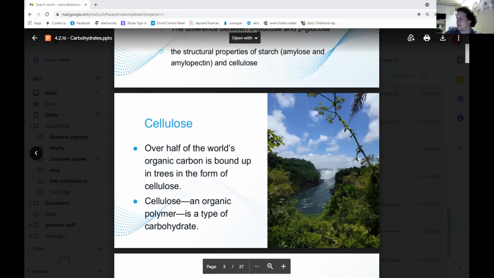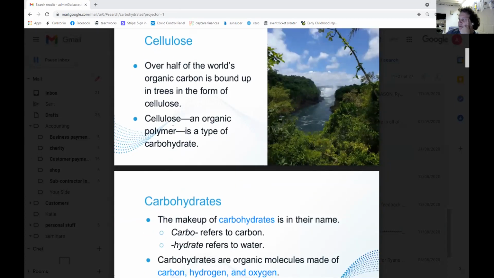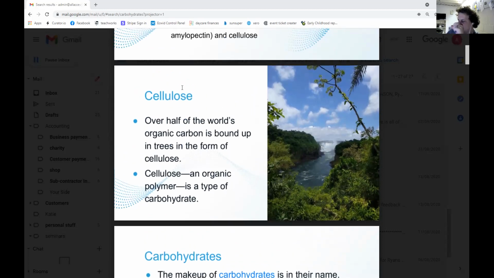Carbohydrates, aside from being delicious, make up most of the world's biomass. I'm going to put this back over on my door. So most of the world's carbon is locked up in plants as cellulose, or when we eat it, it's fiber because we can't digest it.